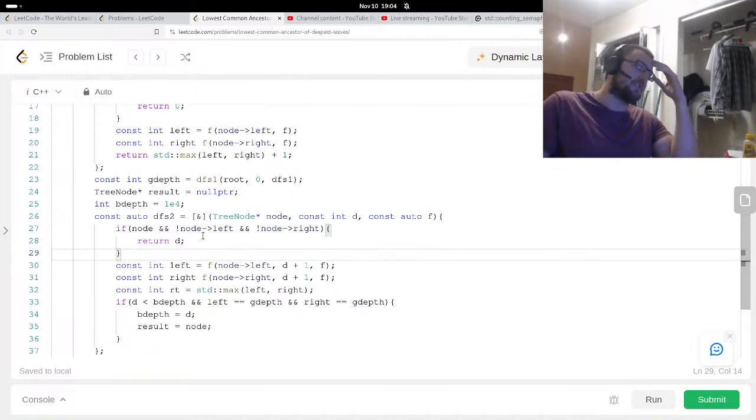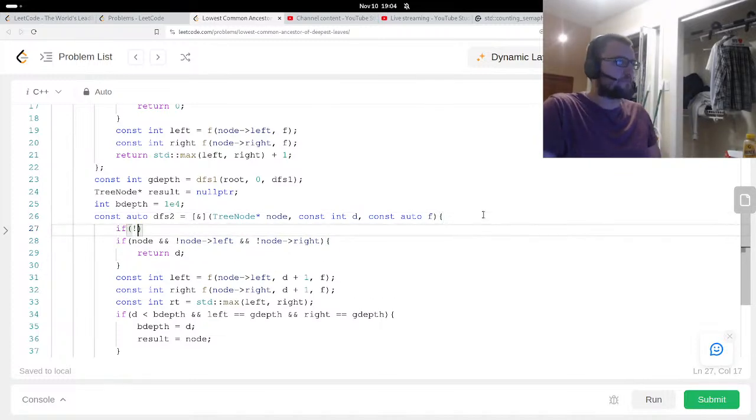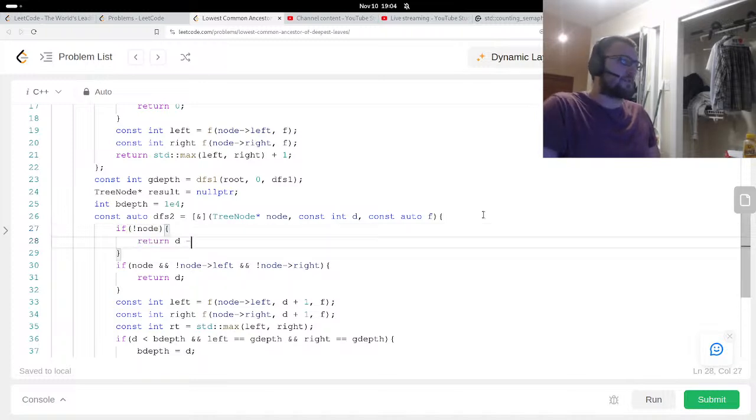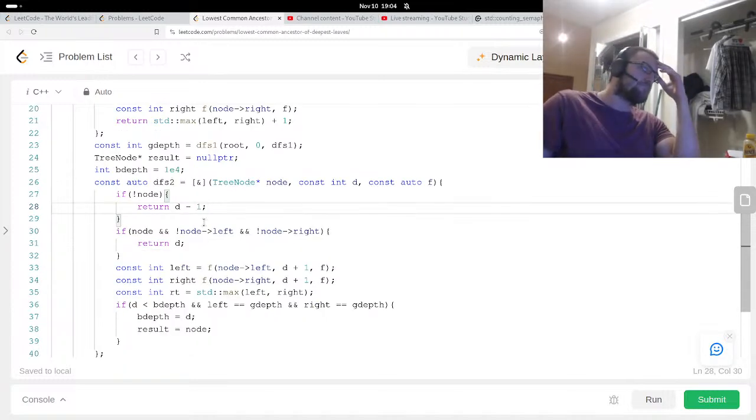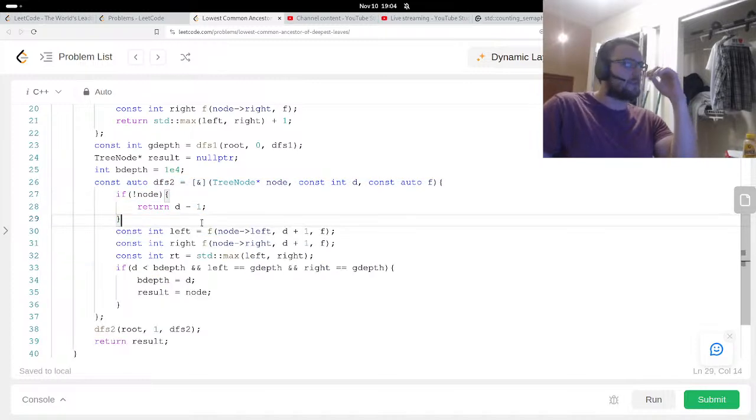The leaf node should return D. If it's not a leaf node though, then yeah, return D minus 1 I think is fine. Just doesn't change. In which case this is fine, actually. We're going to add 1 and then subtract 1 again. I think it's okay. I think it's fine.